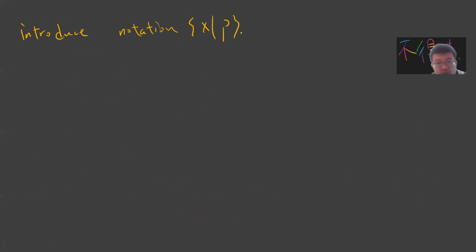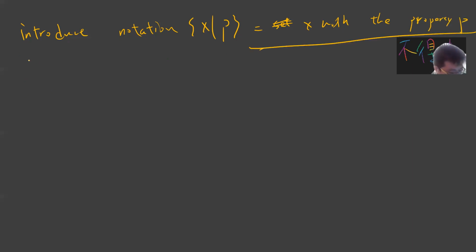Let me introduce a notation called X(P), which is the set of all x with the property P. Now I can define a measurable function.